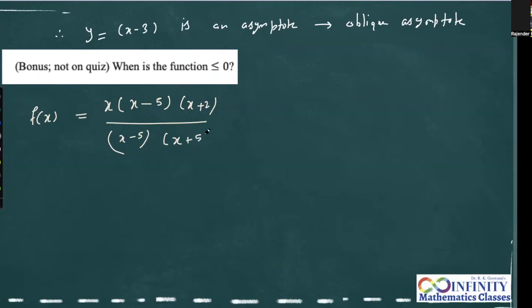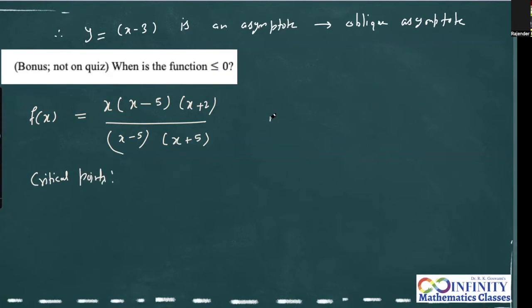Do you agree? So you need to tell me points where the function is either 0 or not defined. So I'm asking you about the critical points. Critical points for me are the points where either the function is 0 or it is not defined. Can you please help me?